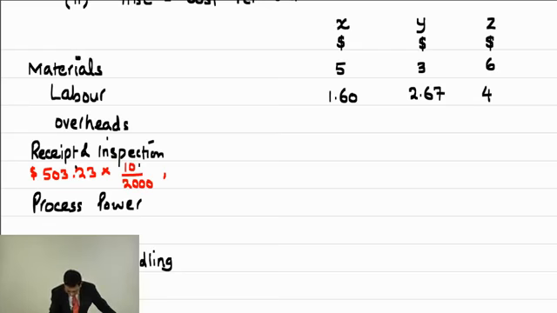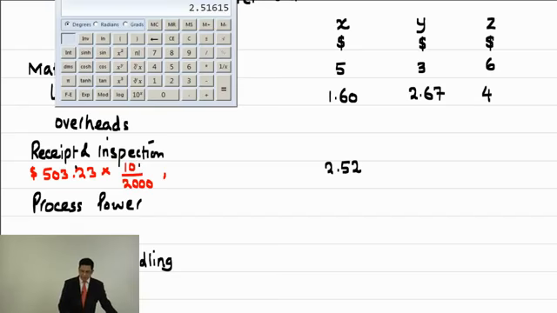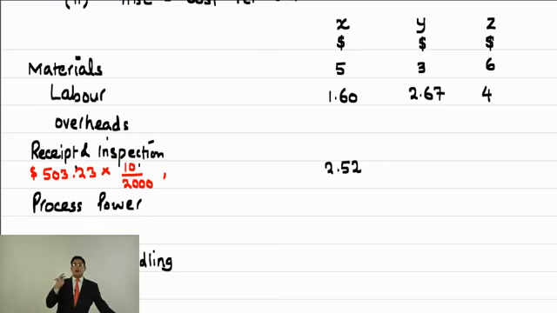Sorry, that was a little mistake. 2.52 approximately is the receipt and inspection overhead in 1X.